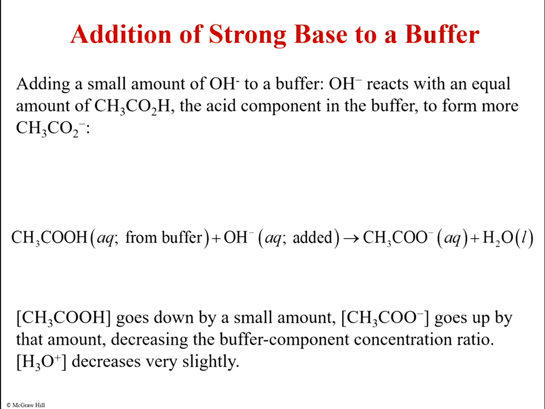So the hydronium ion concentration in our solution will decrease very slightly and the pH will increase very slightly. So in this case, when we've added strong base, the weak acid component of our buffer acts as a reservoir to absorb that strong base.